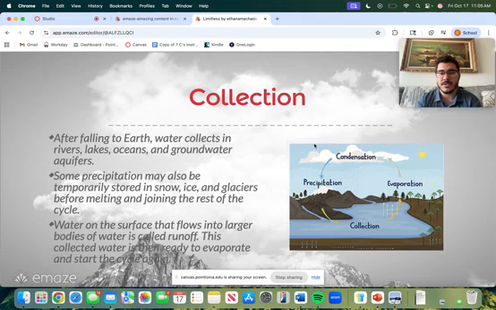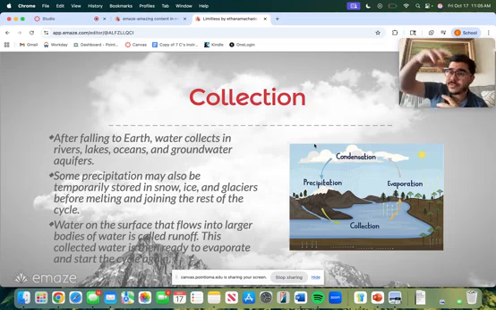Okay. So I included this last diagram here on the right, and we're going to get into collection, but let's take a little quick recap here. We started with evaporation, which was the water from the collection. So from our rivers, from our lakes, from our oceans, part of that water was evaporated. It went up into the sky. It condensed through the form of condensation because of the temperature changes, which helps form our clouds.